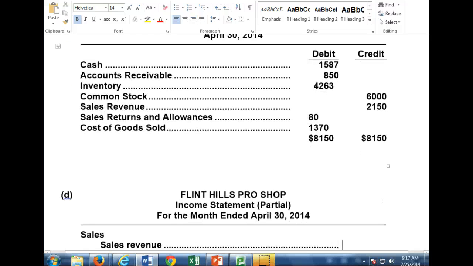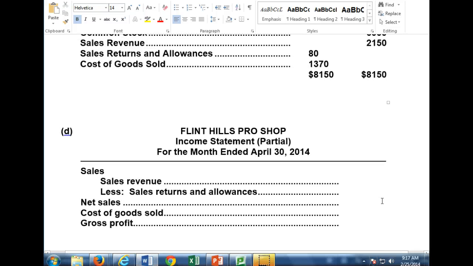Make sense? Now we're supposed to do an income statement. How are we going to do this income statement? We're going to take the accounts that are common to an income statement and fill them in.